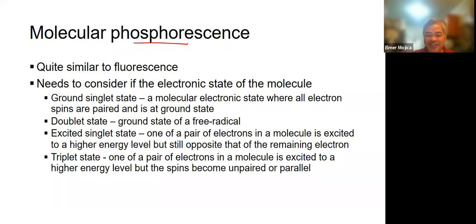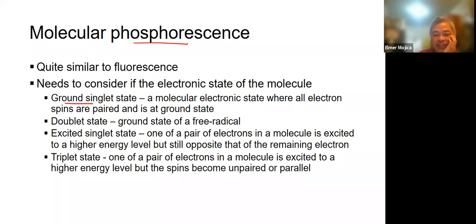Fluorescence is relaxation from a singlet excited state, while phosphorescence is relaxation from a triplet excited state.